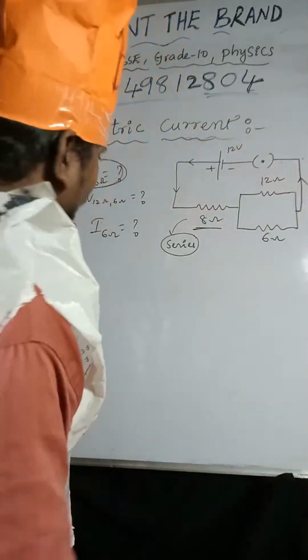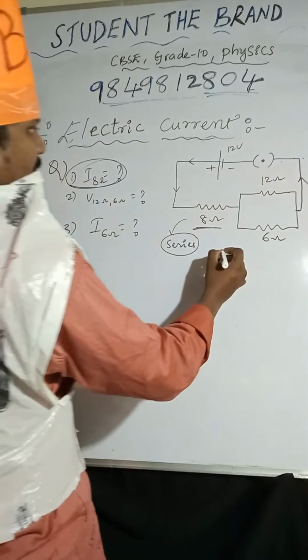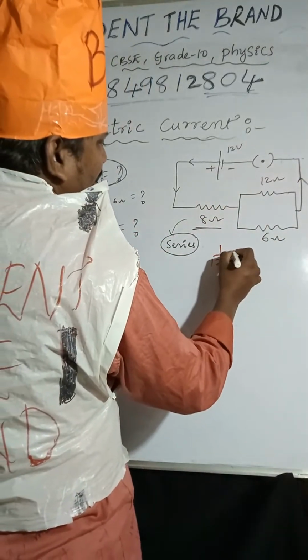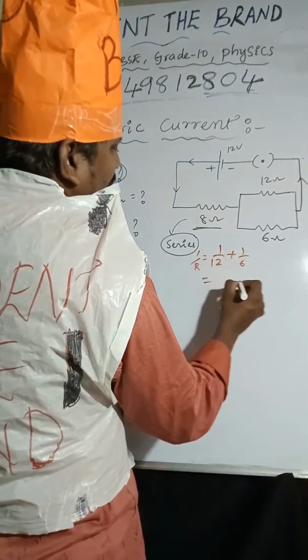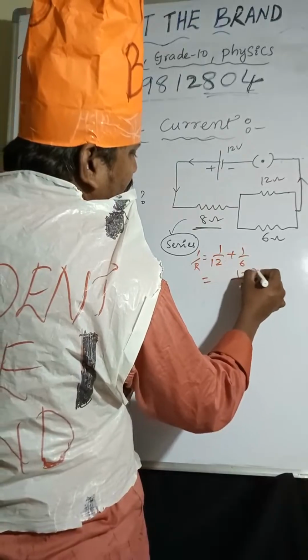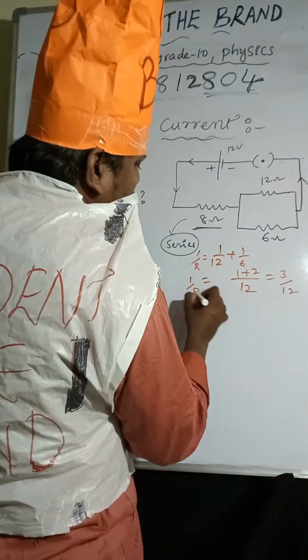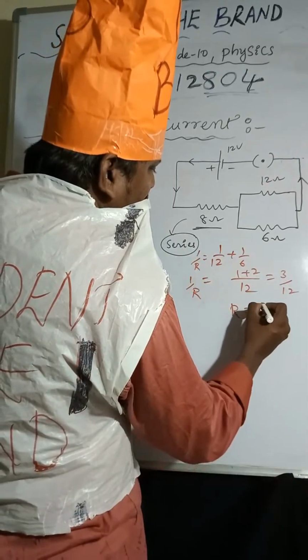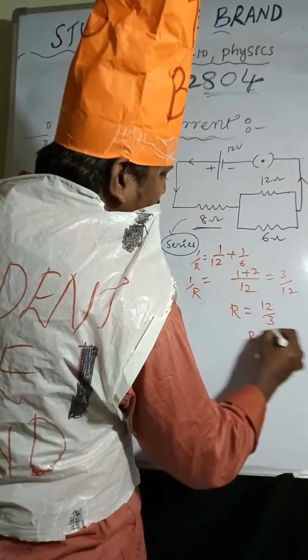First, we know this resistance, how much you'll get. So 1 by 12 plus 1 by 6. So 1 by Rp equal to 1 by 12 plus 1 by 6, that is 1 plus 2, 3 by 12. So Rp equal to 12 by 3, that is equal to 4. Okay.